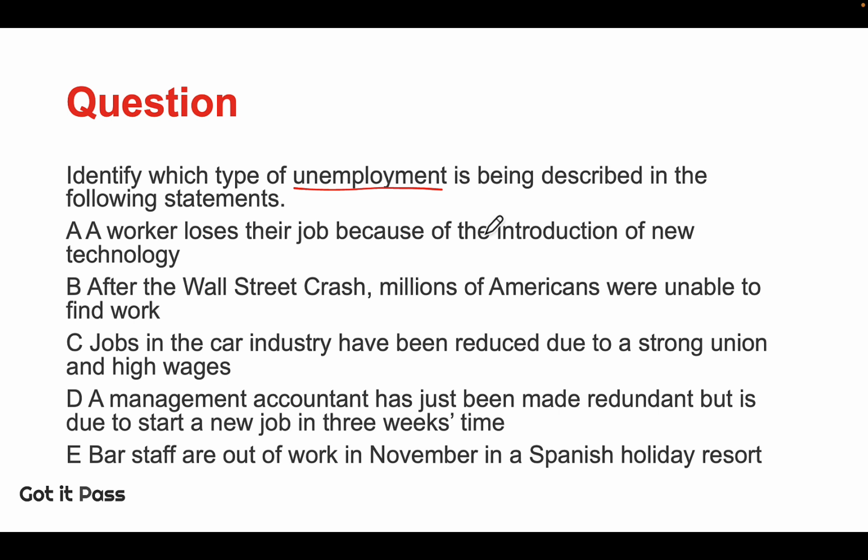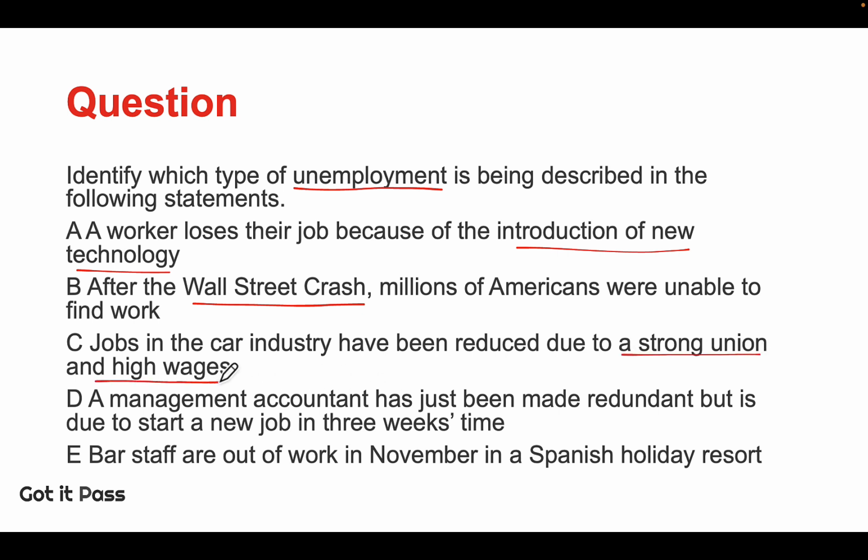First, a worker loses their job because of the introduction of new technology. So the keyword is the introduction of new technology. And second statement, after Wall Street crash. So the key here, because of the crash, millions of Americans were unable to find work. And third, jobs in the car industry have been reduced due to strong union and high wages.